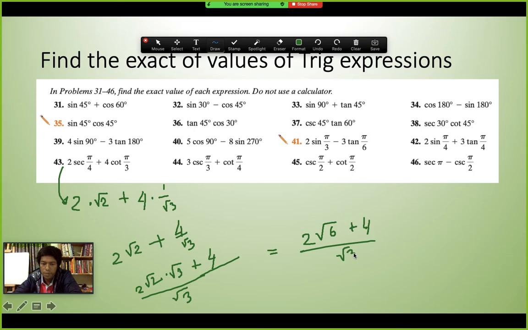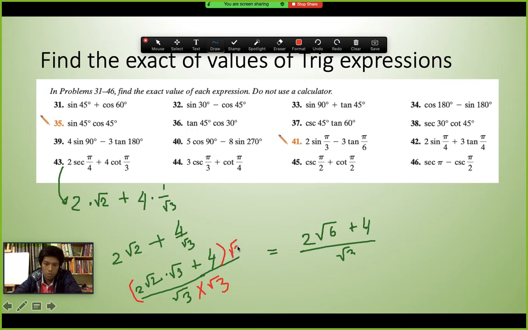Yeah, but before we do that, to eliminate the root from the denominator, we can multiply by root 3, because that will be more helpful. So if we multiply both numerator and denominator by root 3, see what happens.